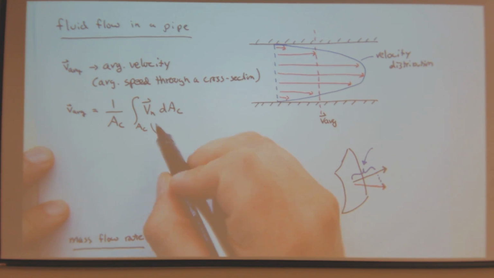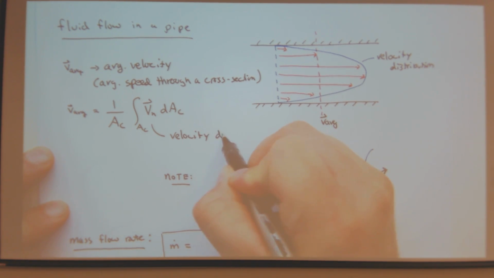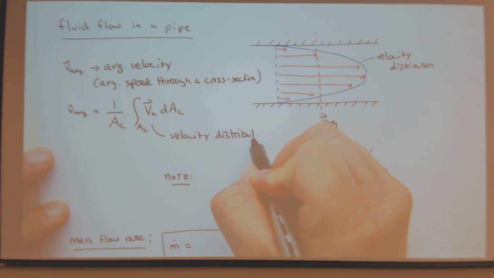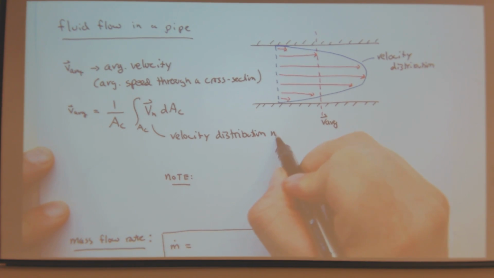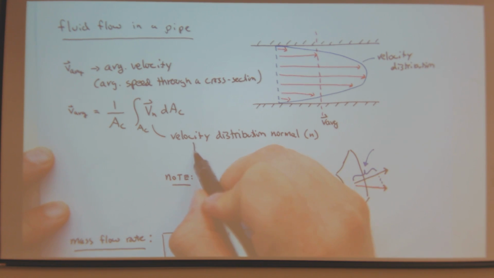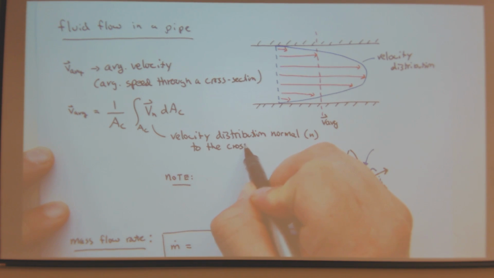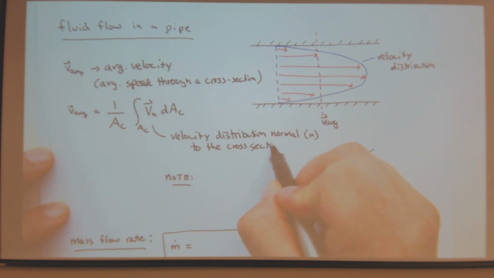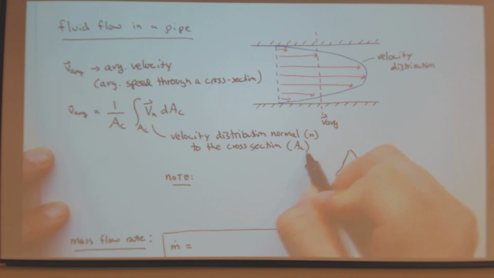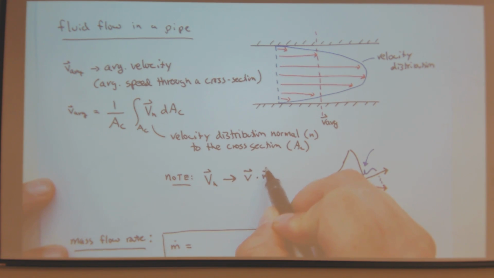So in words, V_n is the velocity distribution normal n to the cross-sectional area. So on a note, V_n equals V dot n.